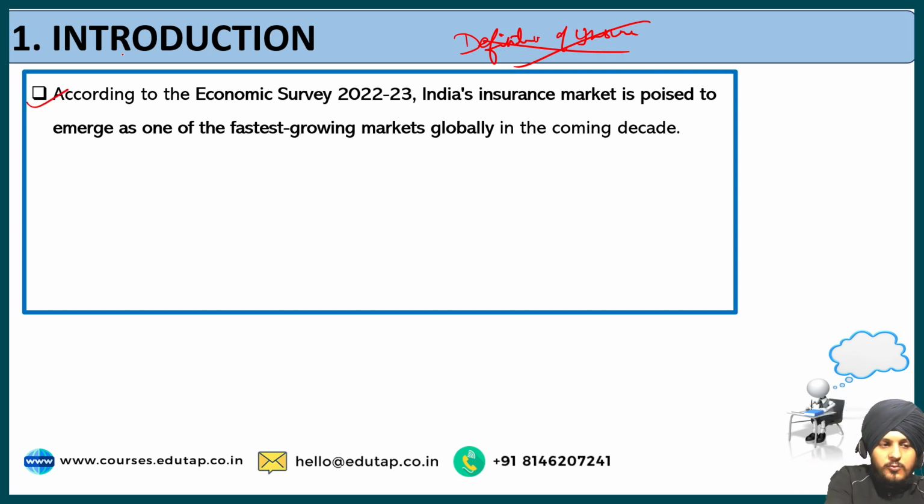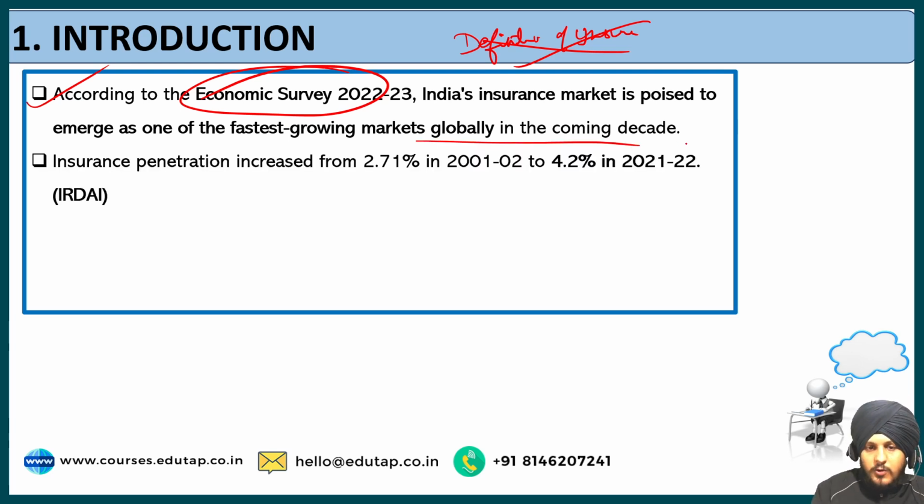So you can use this data-based introduction for this question, which is according to the Economic Survey. So we are taking the reference of the Economic Survey. India's insurance market is poised to emerge as one of the fastest growing markets globally in the coming decades.